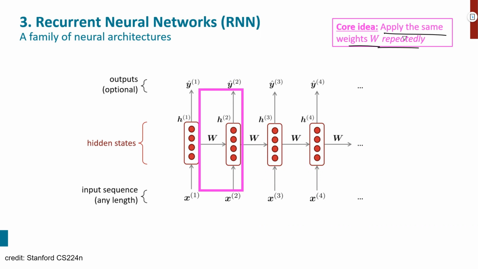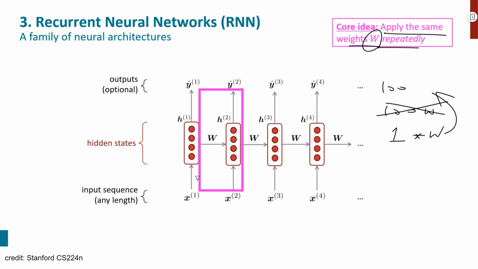Even though the sequence length is 100, we don't need 100 weights. We are going to just use one weight to process all these input sequences. Therefore, we are reusing this W over and over to process the input sequence.